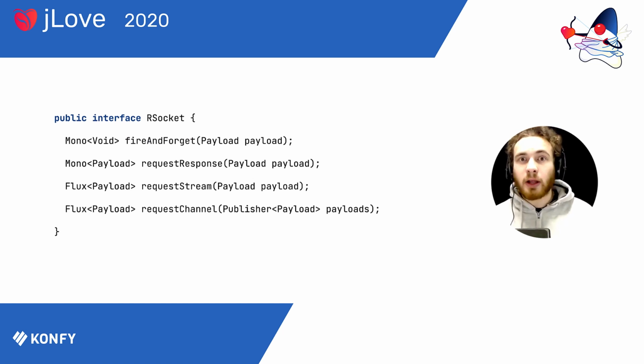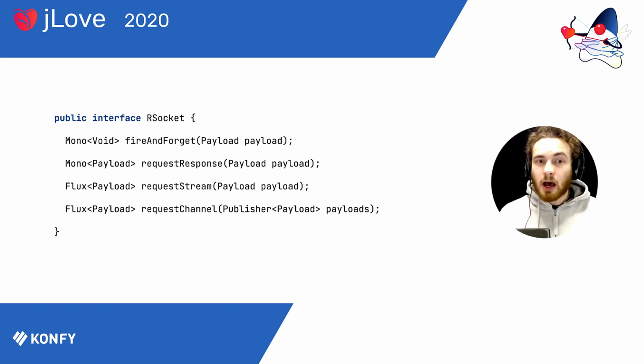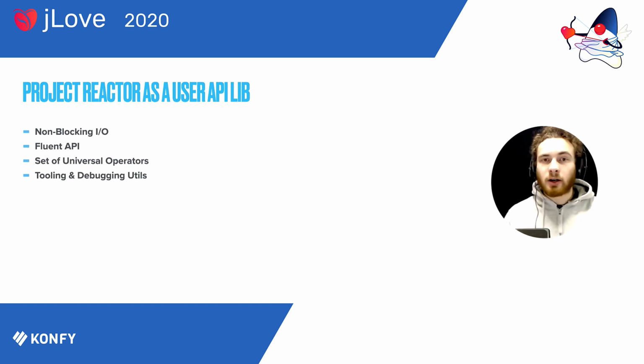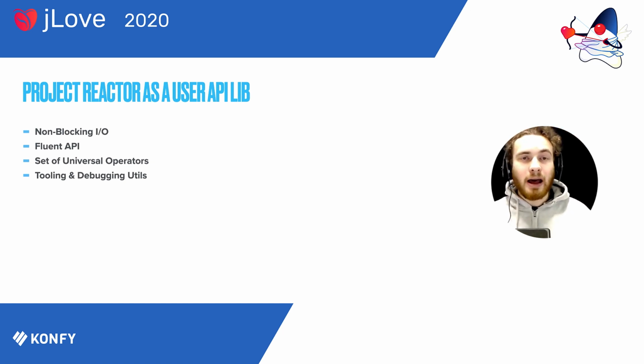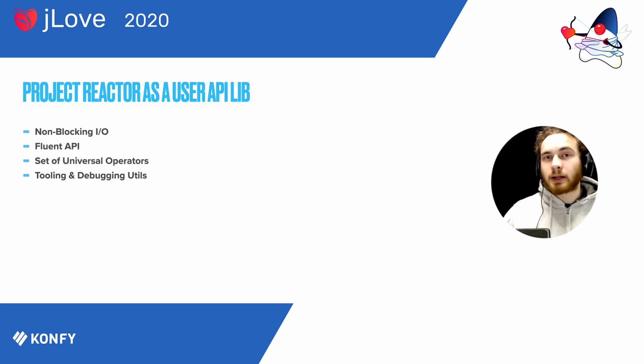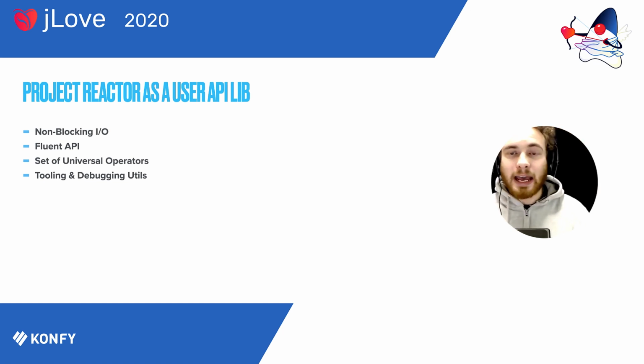And that was a really convenient way, because Project Reactor is a non-blocking IO library that allows you to do all your transformation and data processing in a non-blocking way. It brings you a really fluent API, and of course it gives you a set of universal operators that you can embrace and use at any place of your application.